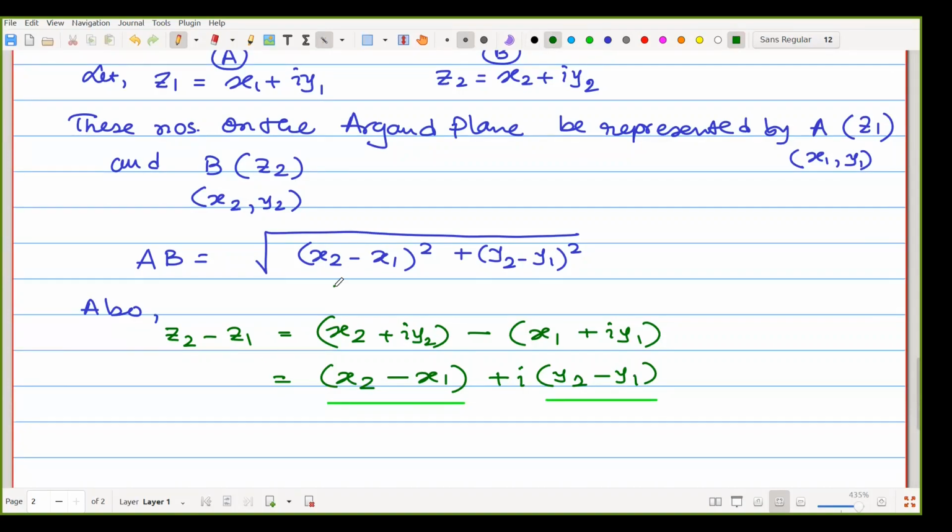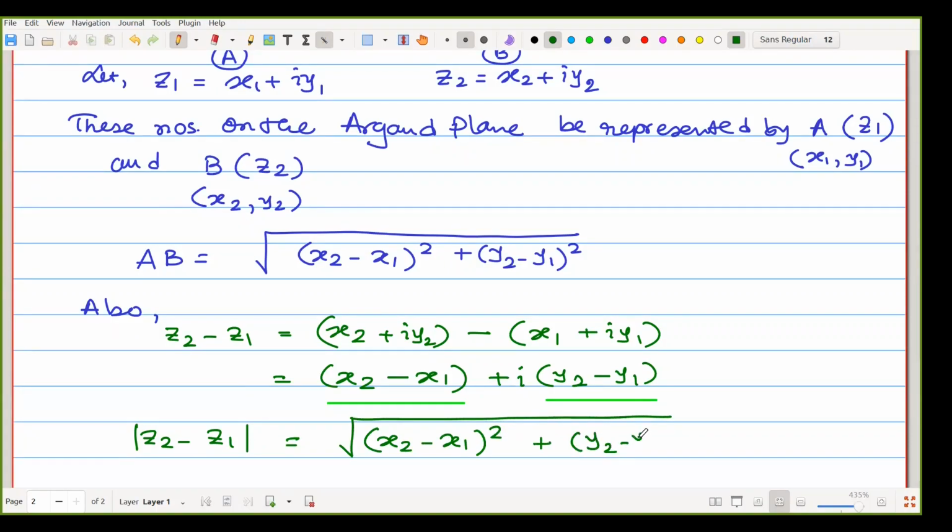So if we proceed with its modulus, that means modulus of z2 minus z1, we have the square root of (x2 minus x1) whole square plus (y2 minus y1) whole square. Once again, if we have the modulus of x plus iy, we can write it as the square root of x square plus y square.